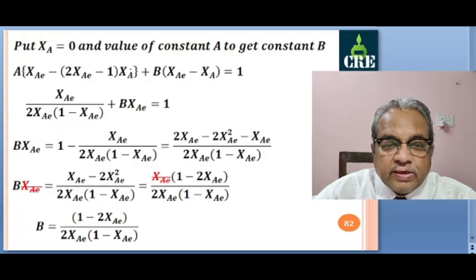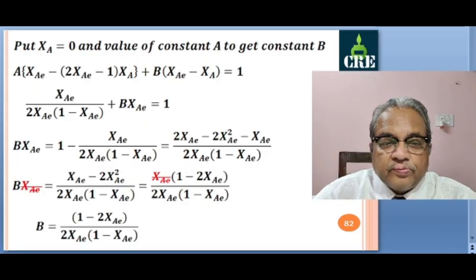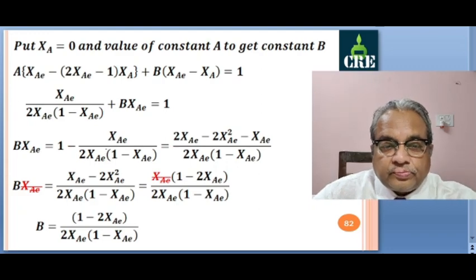If XA is written as 0, this 0 into the complete bracket becomes 0 and in the numerator we have XAe only. And A is 1 by 2XAe into (1 minus XAe). So this we have written. To find out B, I am keeping B XAe on this side and transferring the 1 minus this term to the other side.